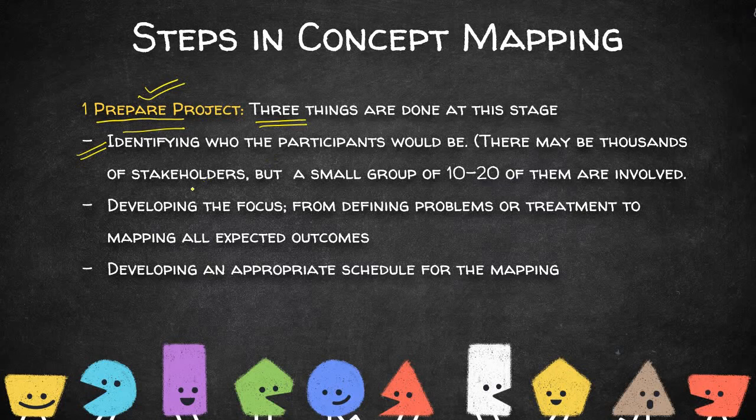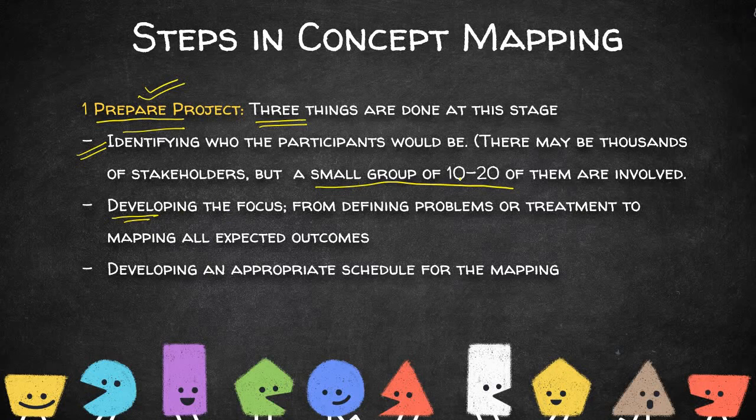There may be hundreds or thousands of stakeholders, but we are not going to involve everyone in concept mapping. Instead, we'll select a small group of 10 to 20 of the stakeholders, and then we move to the next level of developing the focus.